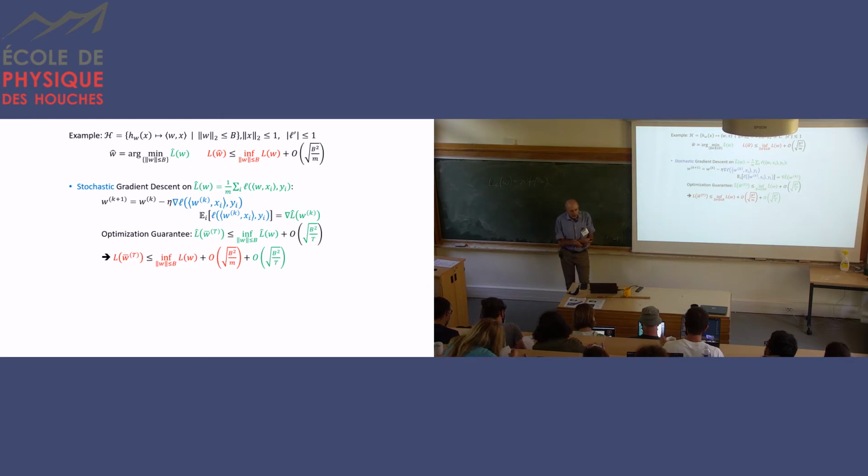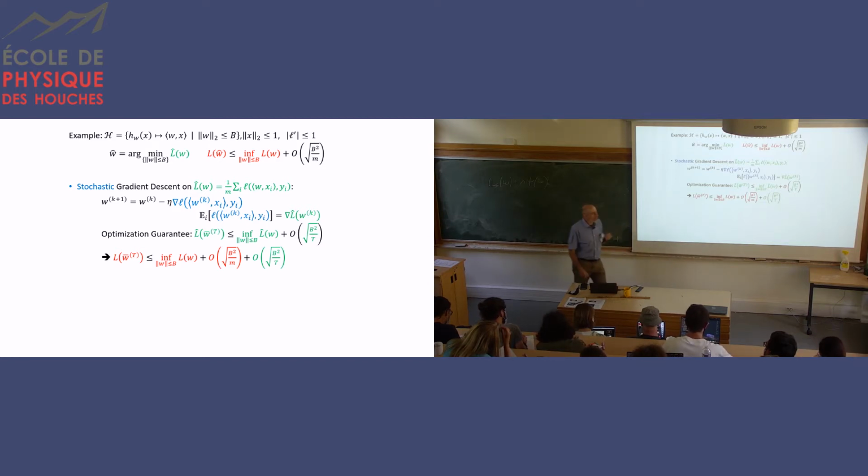This is one way of linking optimization and learning already, where we see that the number of iterations, the runtime of optimization, is similar to the runtime of learning. But we can take a step beyond that.